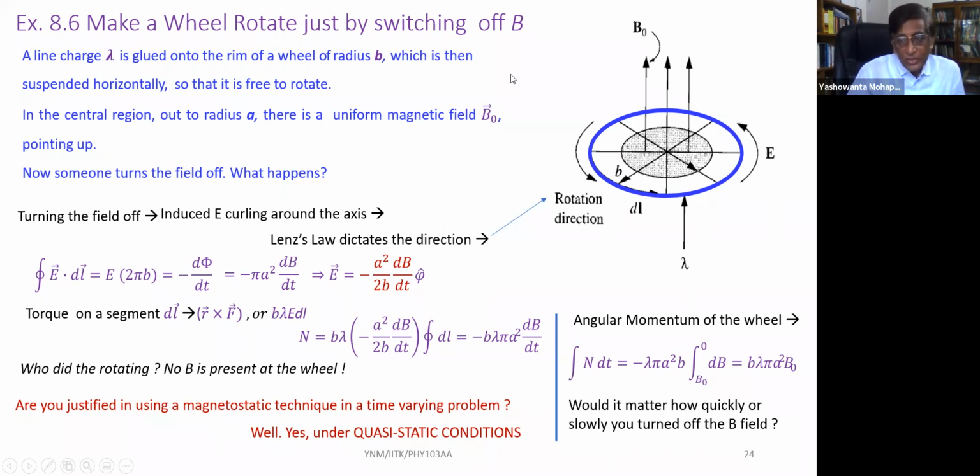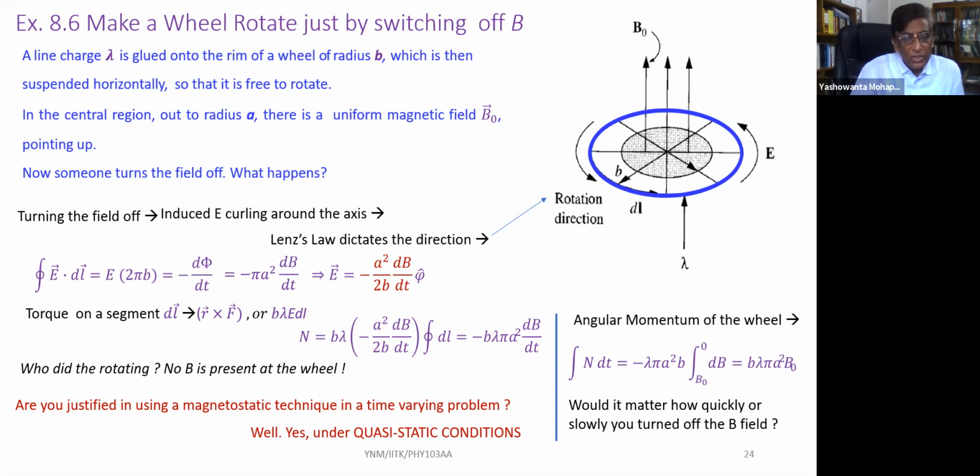All right. So this was a nice example. You could explain it no way but by the induced electric field because of the changing magnetic field. But the remaining question is, where did this angular momentum come from? Initially, everything was at rest.